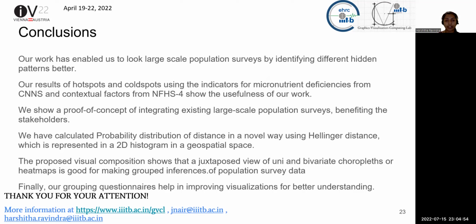We have calculated probability distribution of distance in a novel way using Hellinger distance, which is represented in a 2D histogram in a geospatial space. Finally, our grouping questionnaire helps in improving visualization for better understanding.